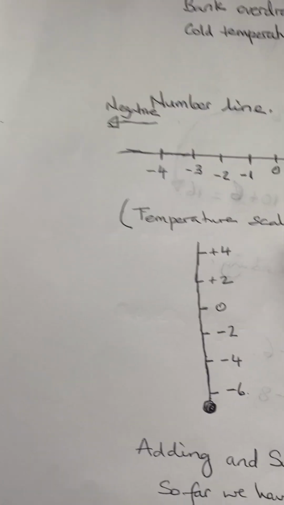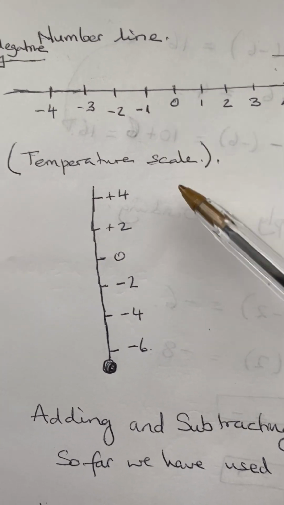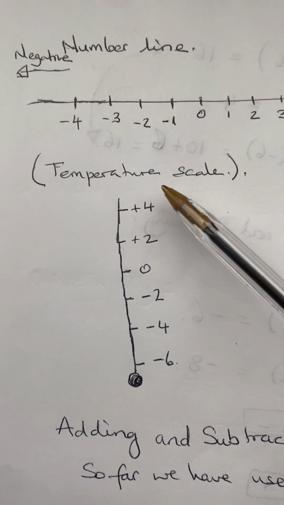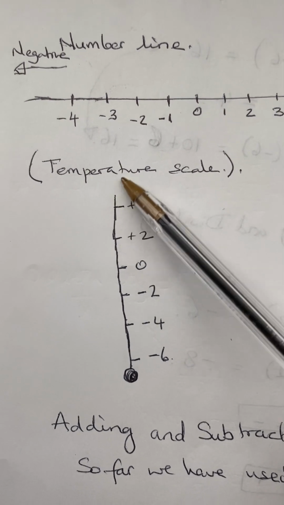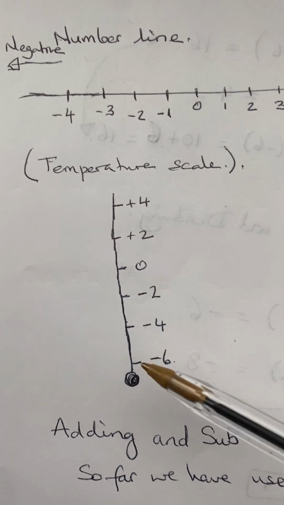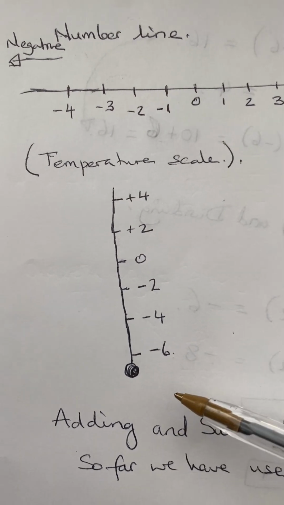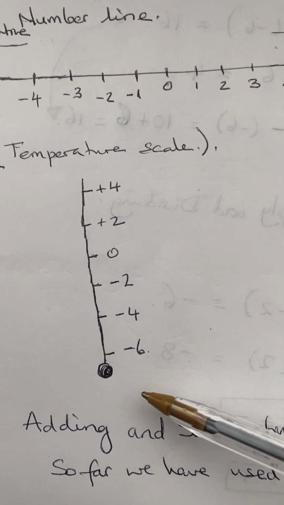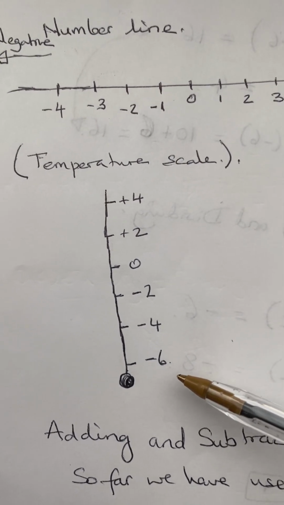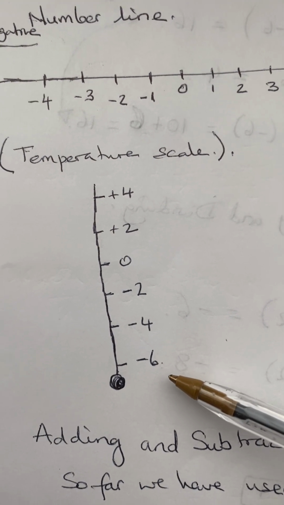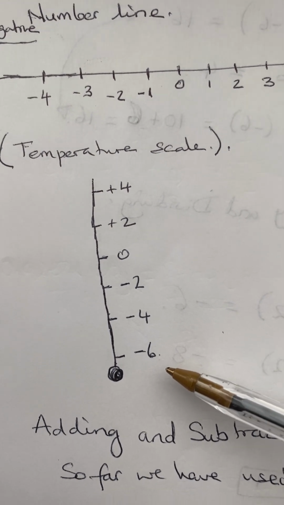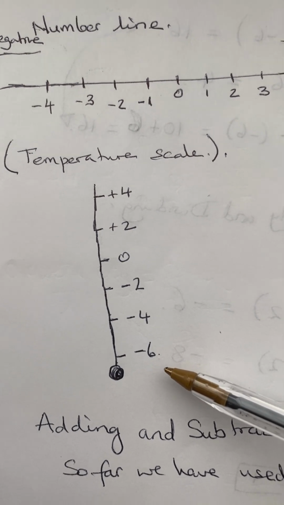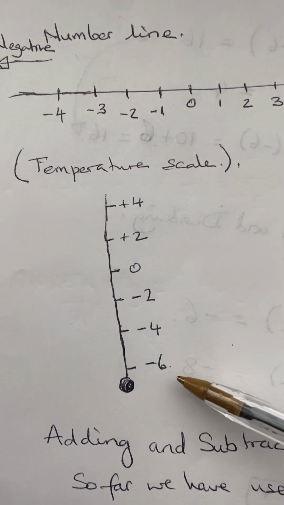Now this is a temperature scale, which is not to scale in my drawing, but I'm just showing you it can go further and further, and it can go down. At times you can have the temperature in some cold places like the Arctic at -20. That will be very cold, and sometimes it's a lot colder than that.